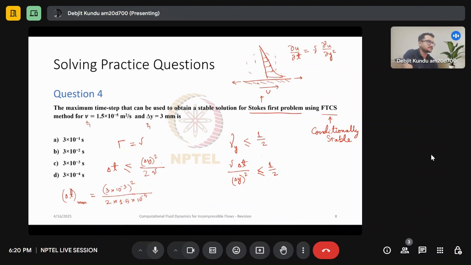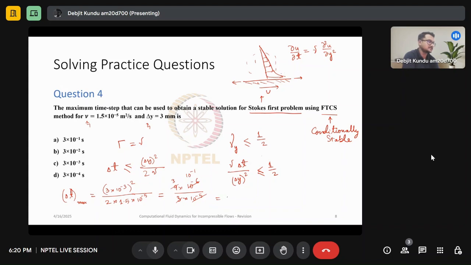So let's solve for these numbers. 3 squared is 9, 10 power minus 3 squared is 10 power minus 6, 2 into 1.5 is 3, and we have 10 power minus 5. So 3 and 9 cancel out to give me 3, and these two cancel out to give me 10 power minus 1.